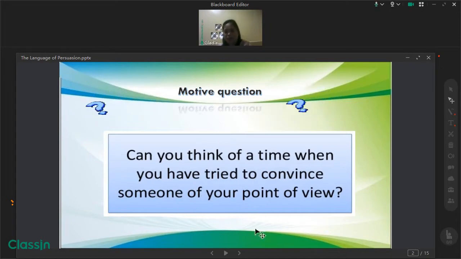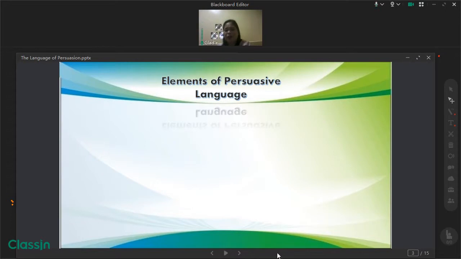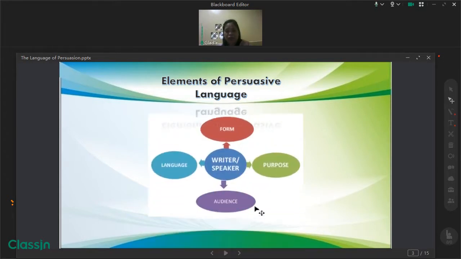So, talking about elements, let's first talk about the elements of persuasive language. We have four elements of persuasive language, and these are the form, the purpose, the audience, and the language. Let us discuss each element.